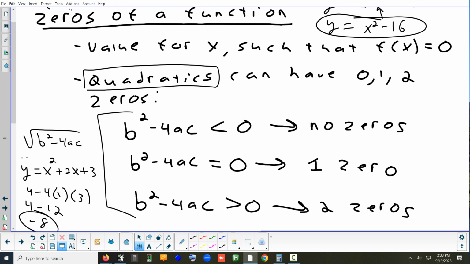And then if b squared minus 4ac comes out bigger than 0, you're going to have a situation where your graph crosses twice, which means you have 2 numbers you could plug in and get 0. So we call that 2 zeros. So it doesn't find them. It just tells you how many there are quickly.